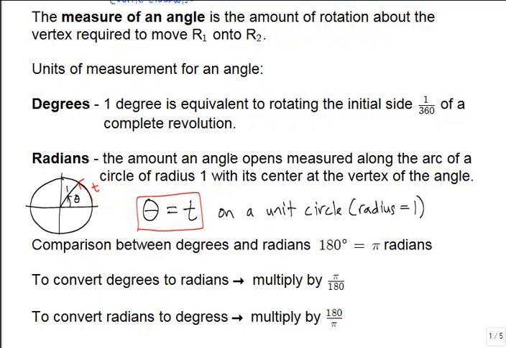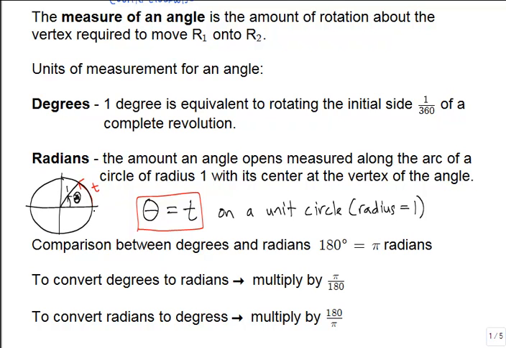Radians is the amount that an angle opens measured along the arc of a circle of radius 1 with its center at the vertex of the angle. So what this implies is if you have that unit circle, which means it has a radius of 1, then the amount that the angle opens measured along the arc of a circle with its center at the vertex of the angle would be this picture right here, where the angle is this theta right here and the arc is this t.